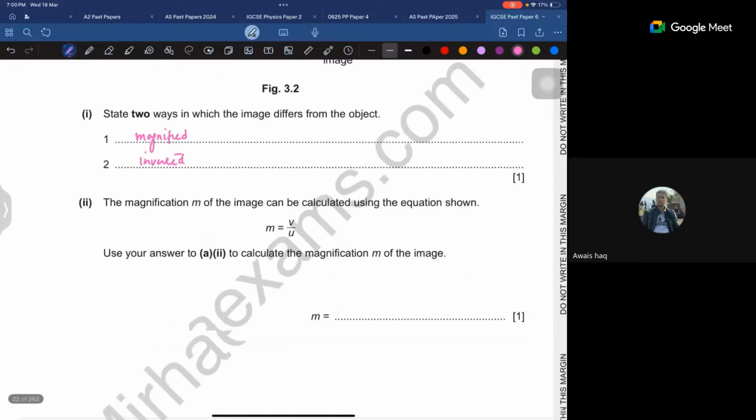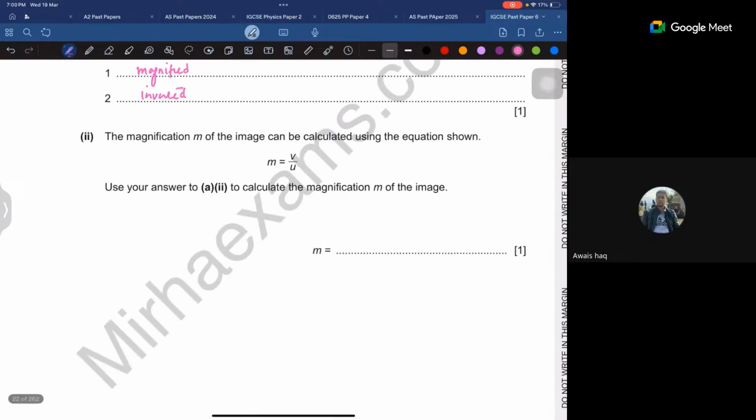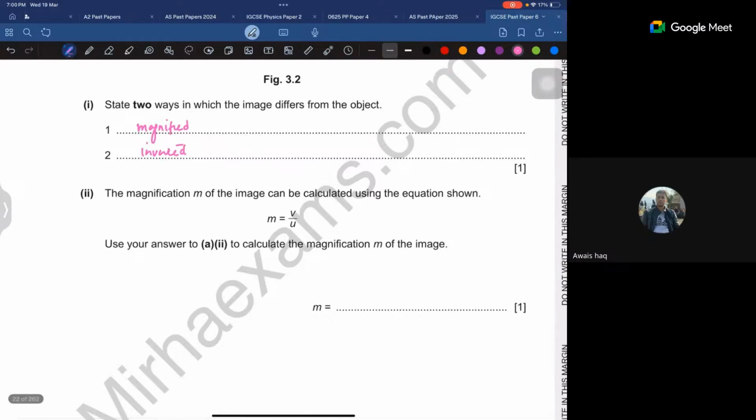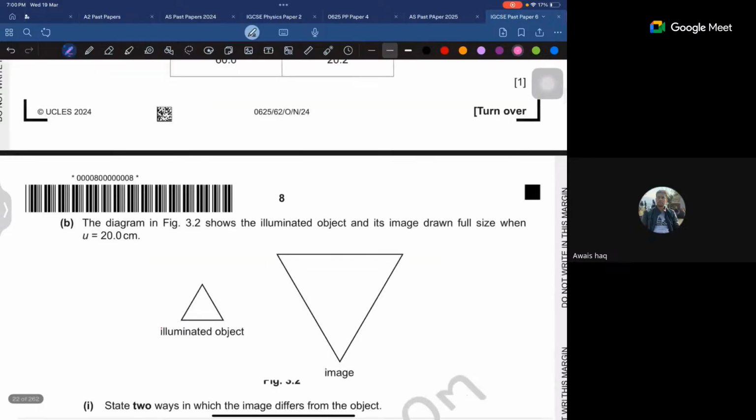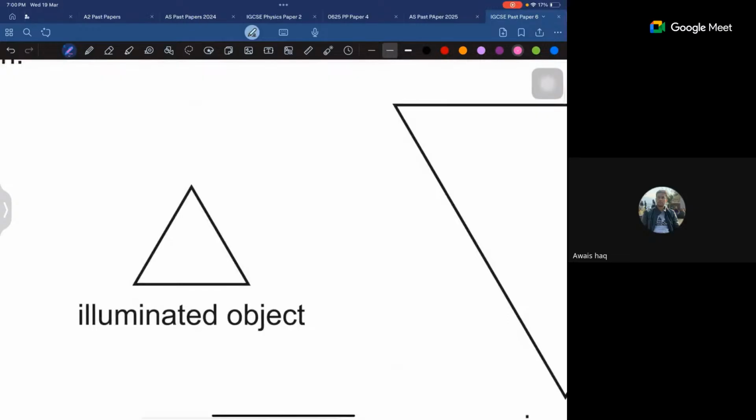All right, then you have the magnification done here. And for the magnification, it says you need to use this. I think the best way is to find out the height. I request you to use a set square.